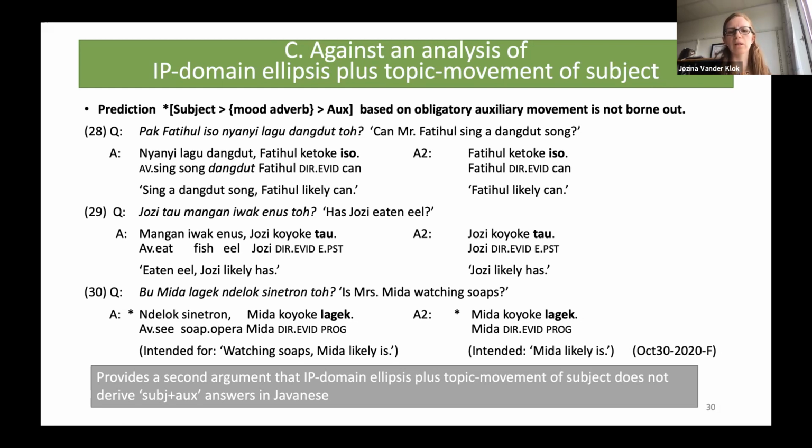So this provides a second argument that IP domain ellipsis plus a potential topic movement of the subject does not derive subject auxiliary answers in Javanese.